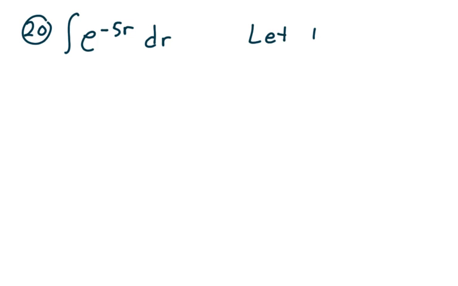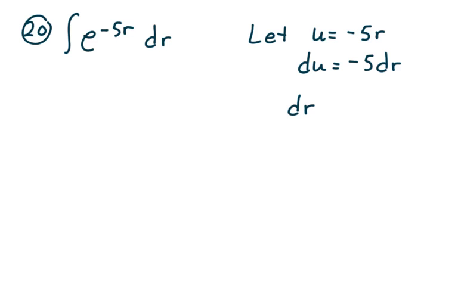So I'm going to let u equal, so negative 5r is a good candidate for u. This takes some experience, it takes some practice, okay? Now, du is negative 5 dr. So if I get dr, I'm going to divide both sides by negative 5.